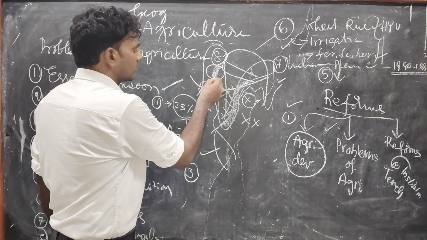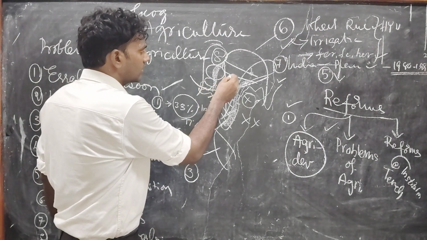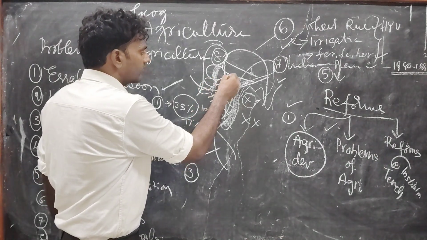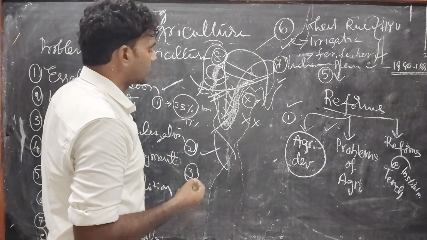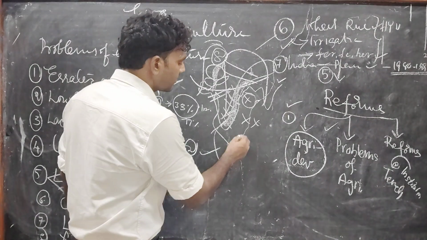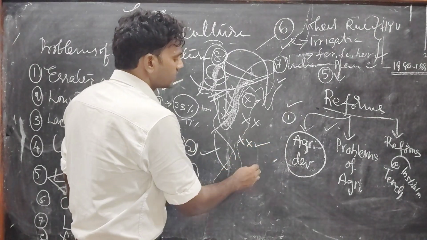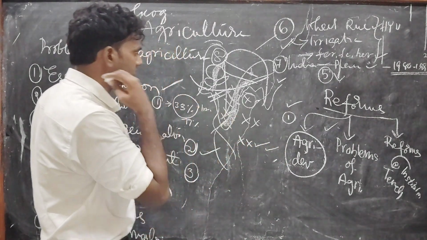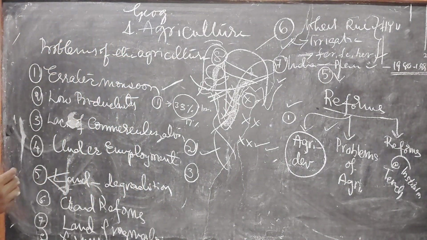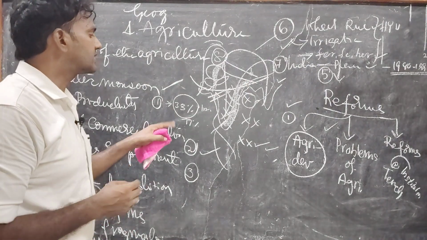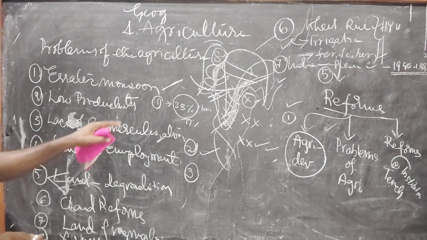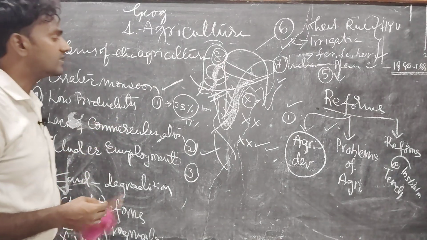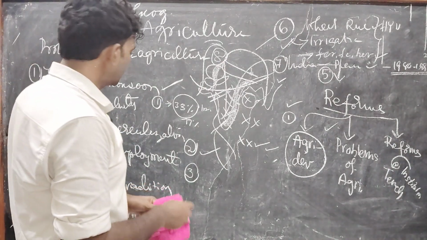Rajasthan, a little bit of Gujarat and western Madhya Pradesh. In this area we can see floods also sometimes. If floods happen, what will happen? Soil erosion occurs. If soil erosion occurs, the fertility is also lost. These are the drawbacks of erratic monsoon. Is it clear? So India is still depending upon the erratic monsoon. That is the problem.